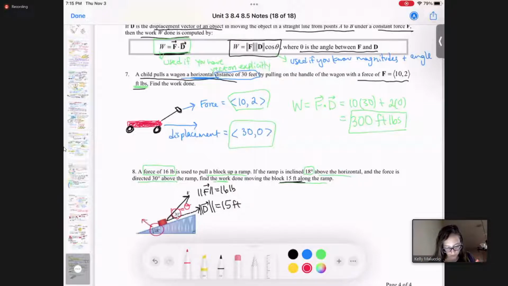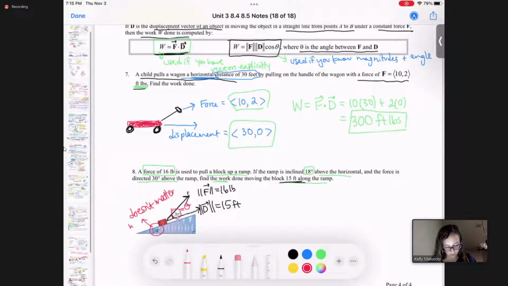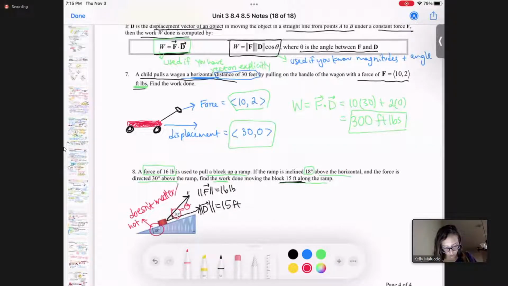And this 18 degrees doesn't matter, it's not needed. If this was being pulled along a floor, it would be the same thing. Our floor is just tilted up, so it's not affecting the work being done. Maybe it feels more difficult.